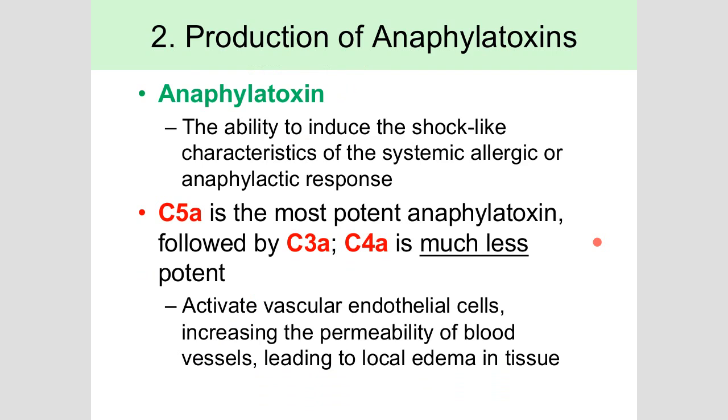And these are the details of anaphylatoxins: C5a, C3a, C4a. Some of them are more important, and the most important one that I usually ask students about is C5a as compared to C3a. They act on vascular endothelial cells, activating them and increasing permeability.